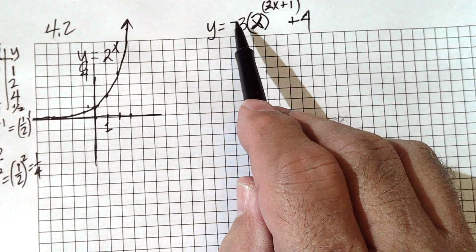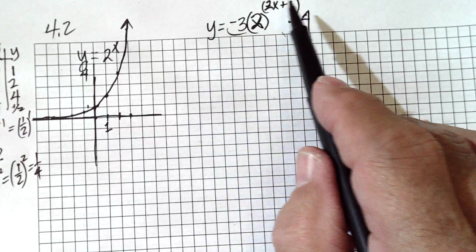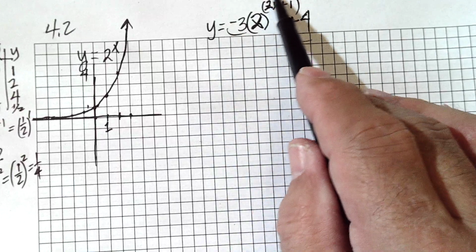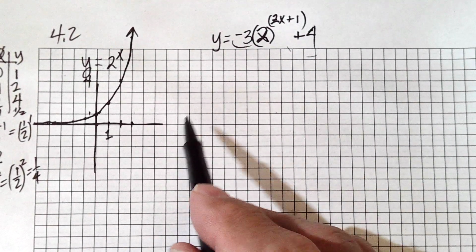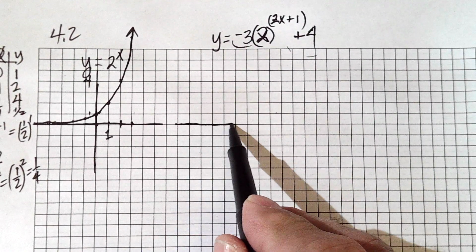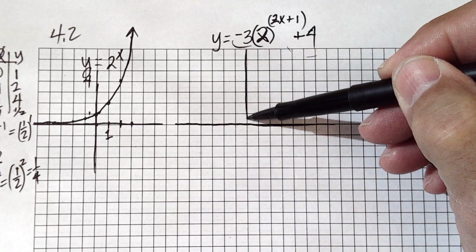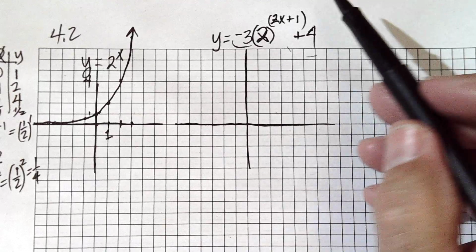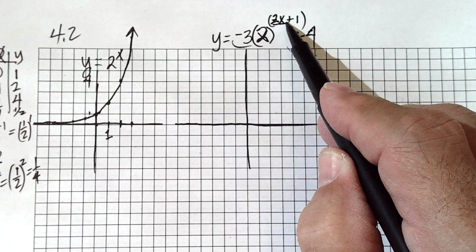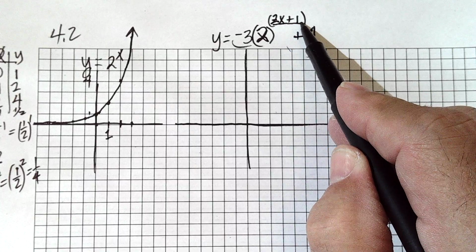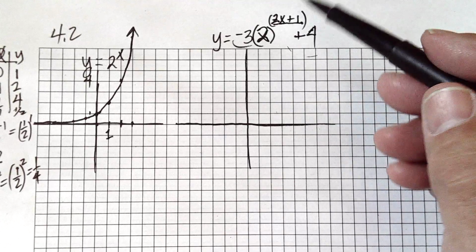So we have outside stuff, and we have stuff working on the x, which I call the inside stuff that we did before. I'm going to choose to do the inside stuff first. Just like we did before, everything works backwards on the inside, opposite to order of operations.